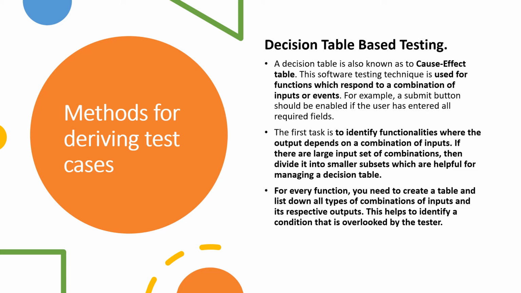For every function, you need to create a table and list down all types of combinations of inputs and their respective outputs. This helps in identifying a condition that is overlooked by the tester. As I said, this is for complete coverage of the combinations of inputs and the possible outputs.